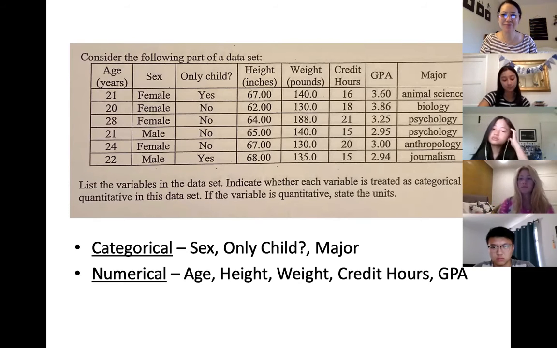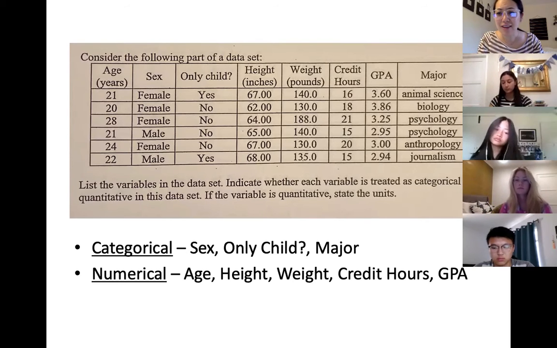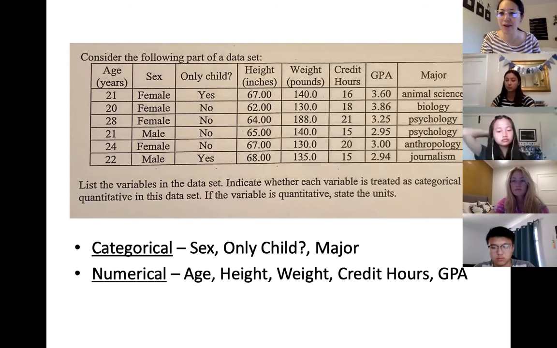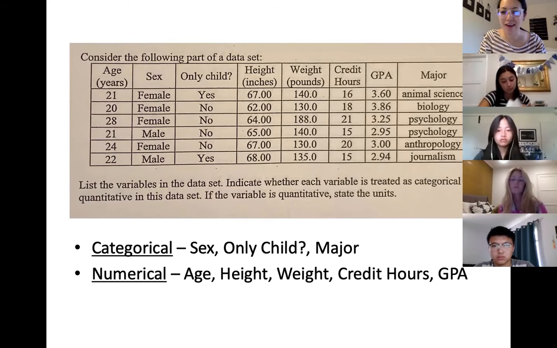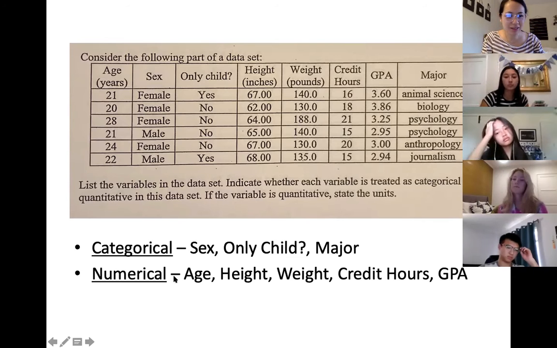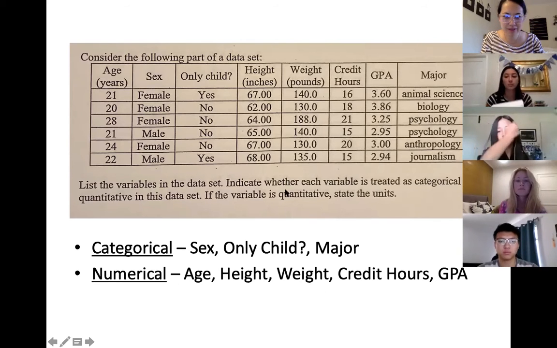Nicely done. Now think about how you are going to tell the difference. It seems pretty straightforward, but I'm going to throw you guys a question, and I want you to tell me again, categorical or numerical. Let me open the chat box and we'll do this.